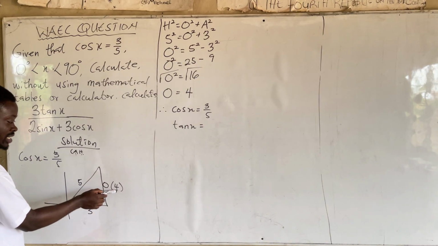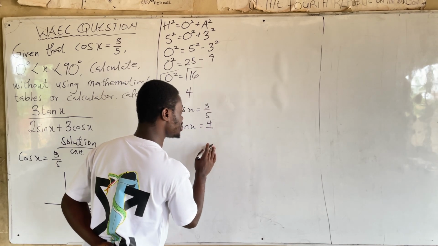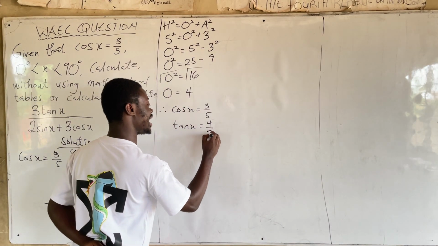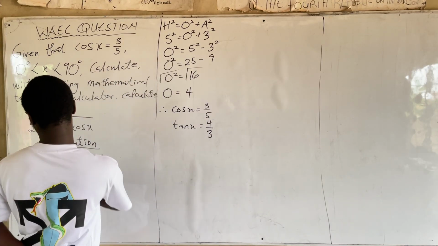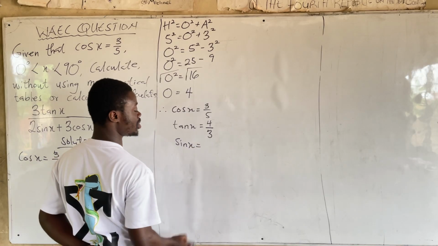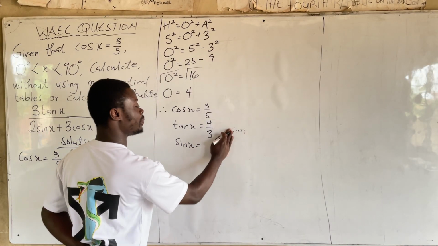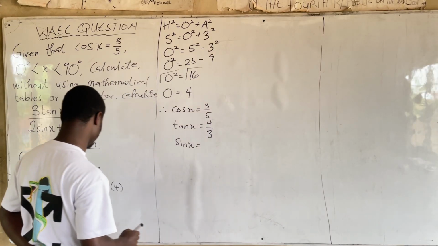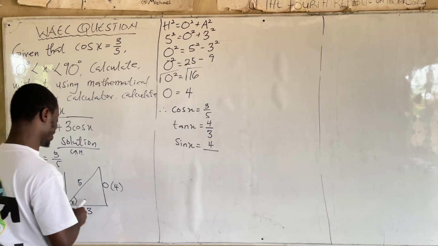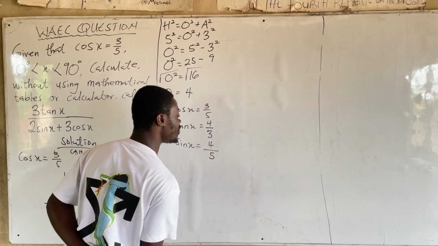So the opposite is 4 and the adjacent is 3. So tan x equals 4 out of 3. And then the last one, sin x. Sin means opposite over hypotenuse. The opposite is 4, and the hypotenuse, the longest side, is 5. So sin x equals 4 over 5.